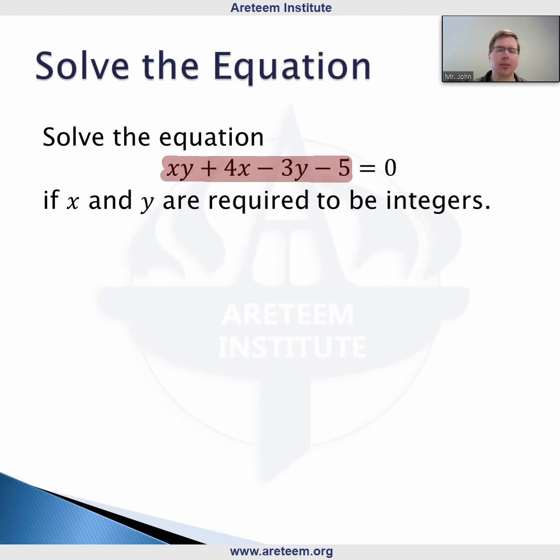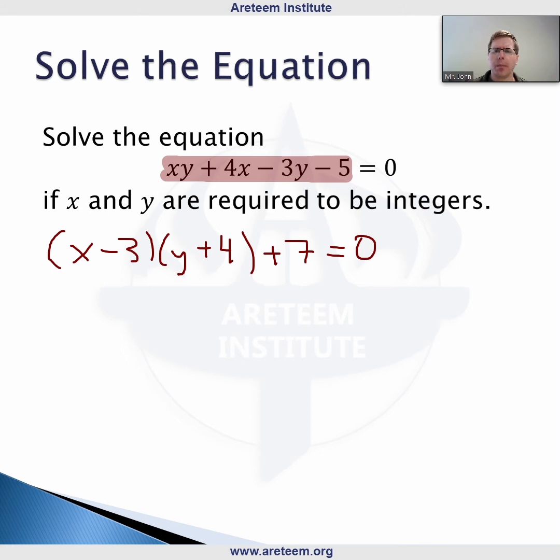Just to remind us, our first step was to complete the rectangle and say we have x minus 3 times y plus 4. And then that was a minus 12, so to get to negative 5, we have plus 7. And this whole expression is supposed to be equal to 0 in this case.